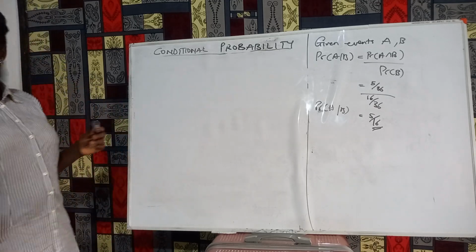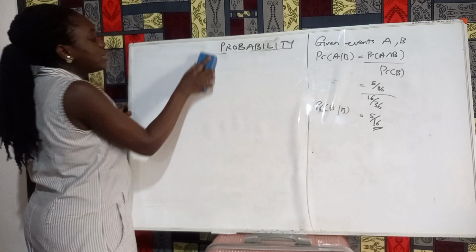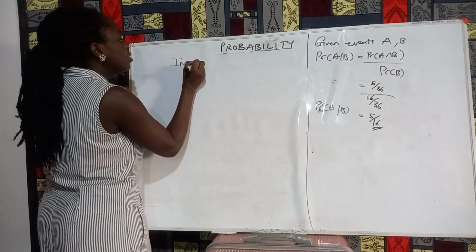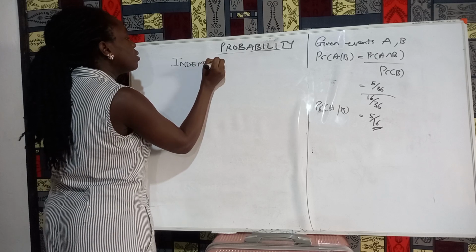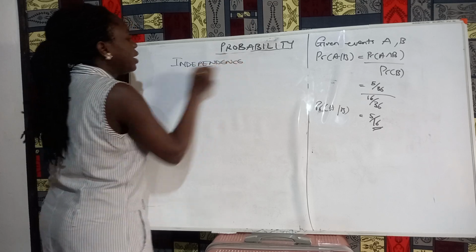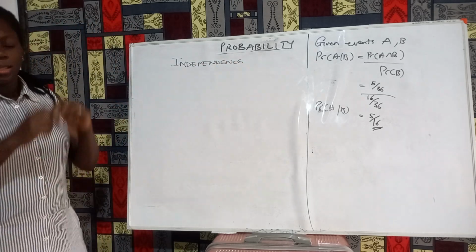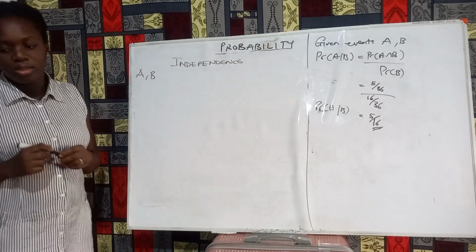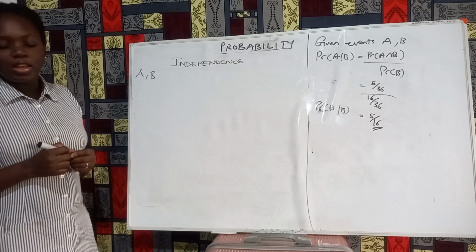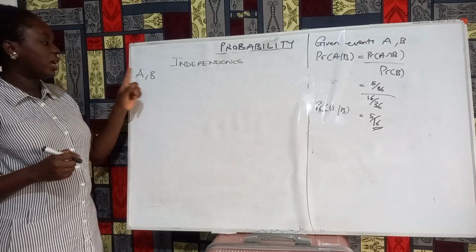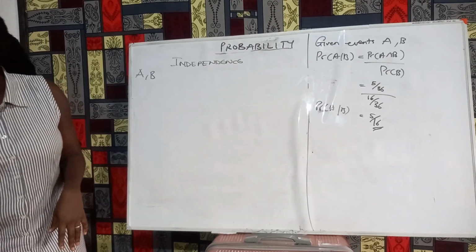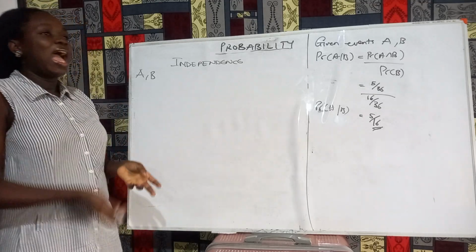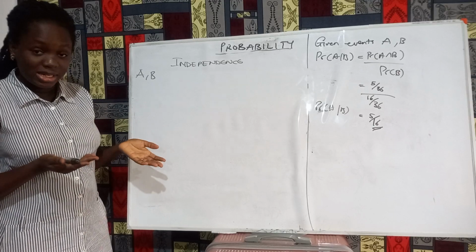Now the final concept we want to consider under probability is the concept of independence. If two events A and B are independent, then the occurrence of A in no way affects the occurrence of B. If I have a fair coin, let's say this is my coin, I toss, I get a head.